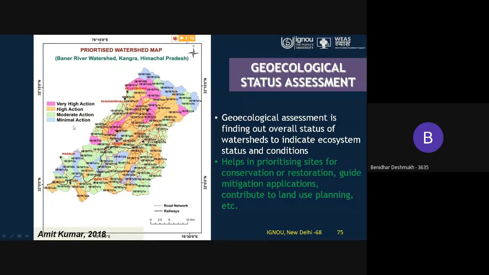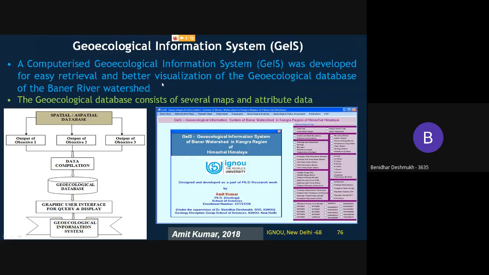That is the output of that, and another output is that he prepared an information system for this area that was called the geo-ecological information system. There are a number of parameters.